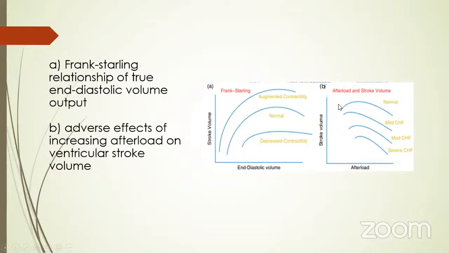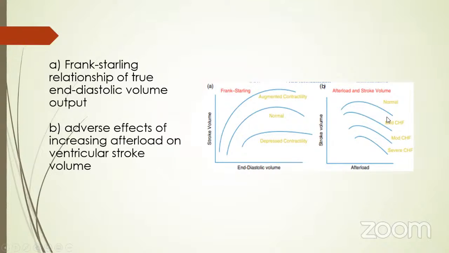The other diagram shows the effect of afterload on the cardiac output. In normal conditions, when the afterload increases, the cardiac output will decrease. And this curve is less steep than in an abnormal condition of the heart, such as congestive heart failure.